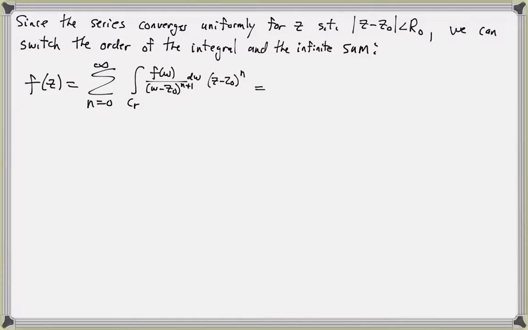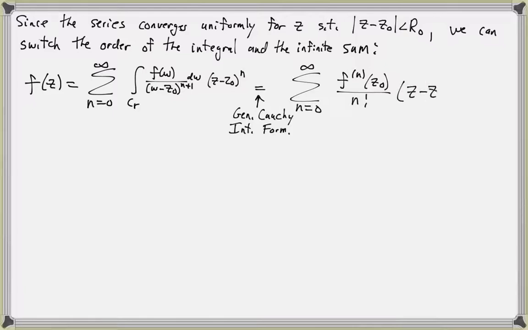So by the general Cauchy integral formula, we recognize this as the sum n equals 0 to infinity of the nth derivative of f evaluated at z0 divided by n factorial times (z minus z0) to the n.